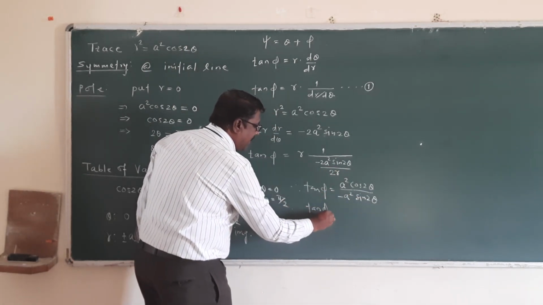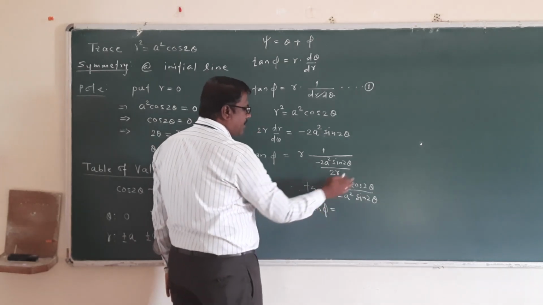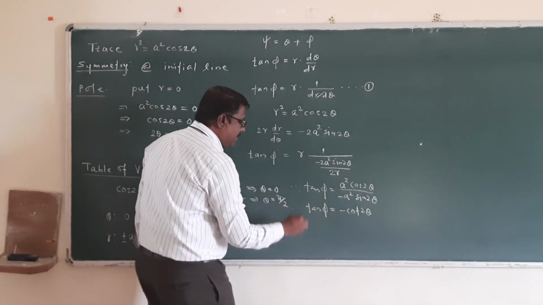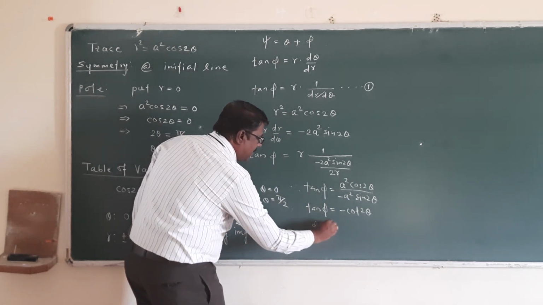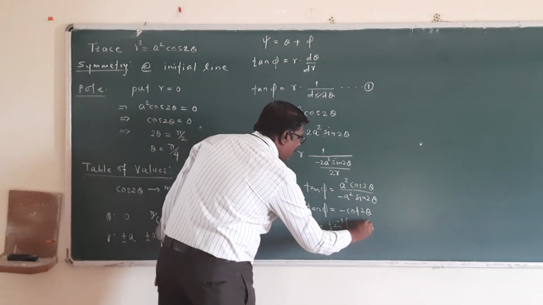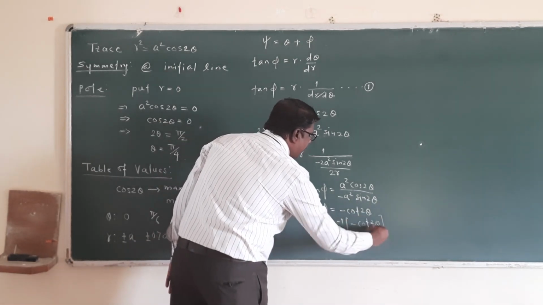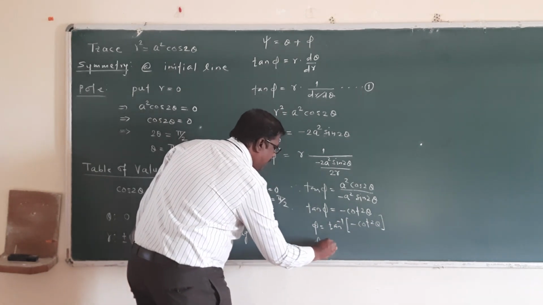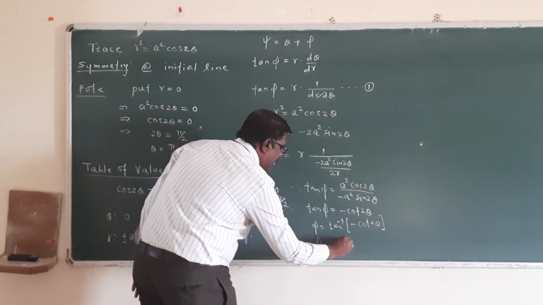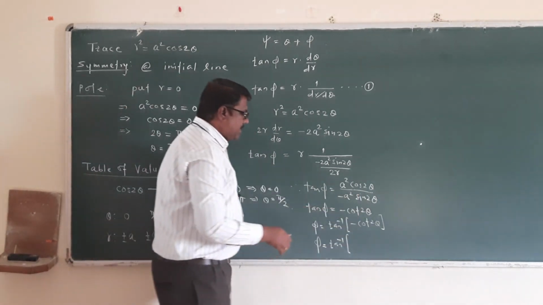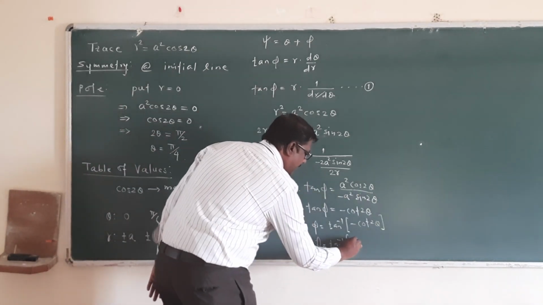So tan phi is equal to minus cot 2 theta, and this is nothing but phi is equal to tan inverse of minus cot 2 theta. Now minus cot 2 theta can be written as tan of pi by 2 plus 2 theta.